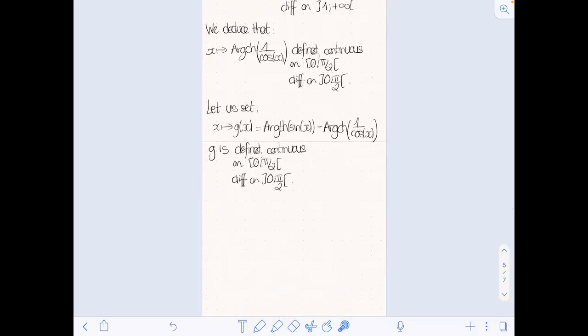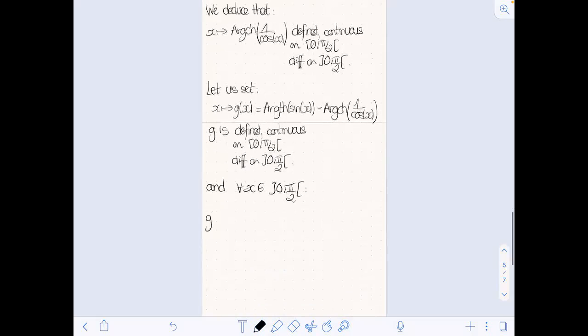So what we can do now is compute the derivative of this function. Let's try and do that. If we take any x at a point where the function is differentiable, g prime of x, you end up with a first composite derivative.